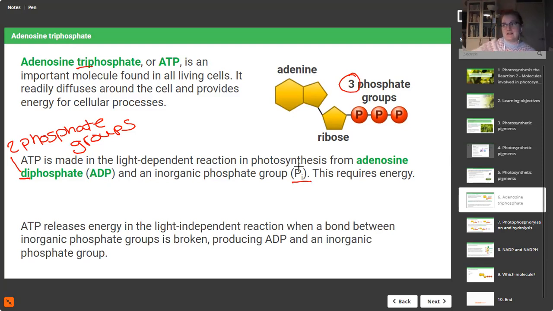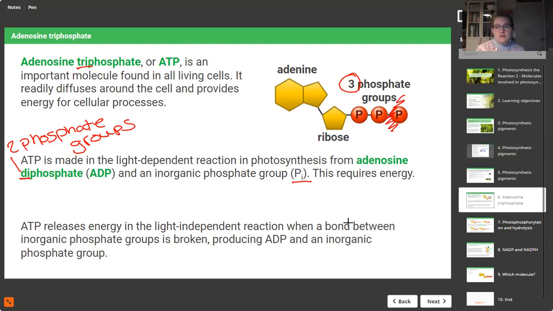So in the second stage of photosynthesis, where light is not required, it releases energy. And that is when the bond between the inorganic phosphate groups is broken. So basically, this bond here is broken, and it will produce ADP and an inorganic phosphate group. So you can see that they can be joined together or they can be broken apart.